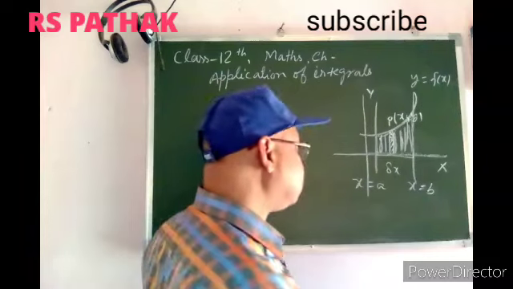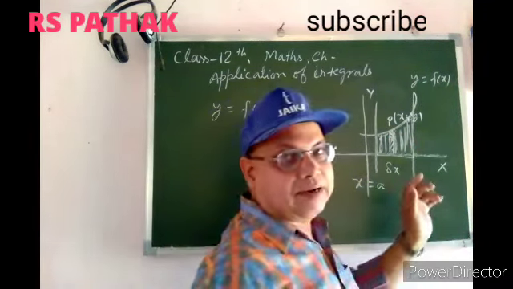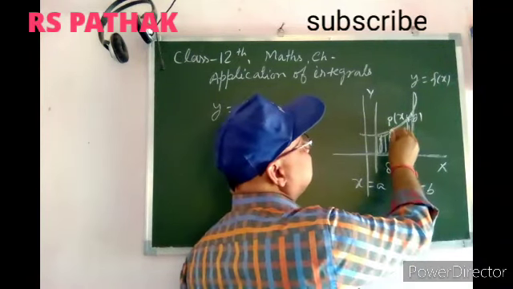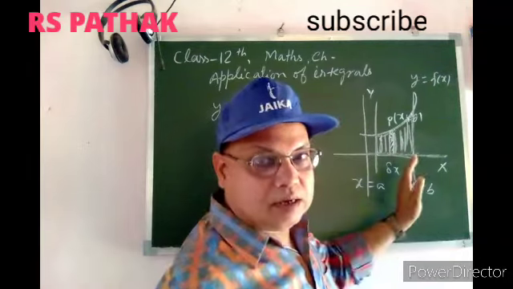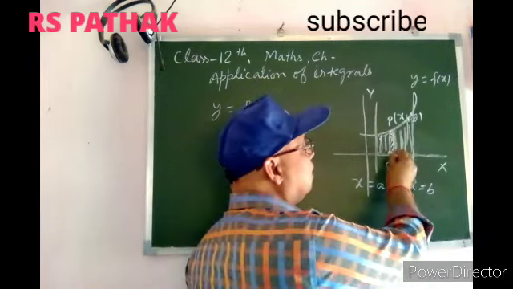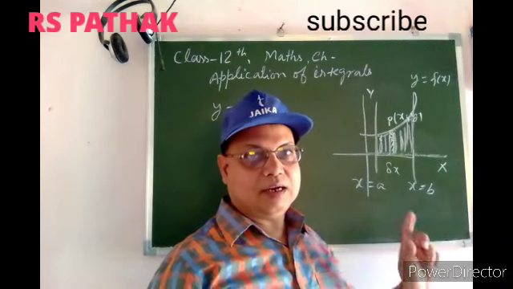We can assume it as a rectangle. If this length is an infinitesimal distance, then we can assume it as a rectangle.